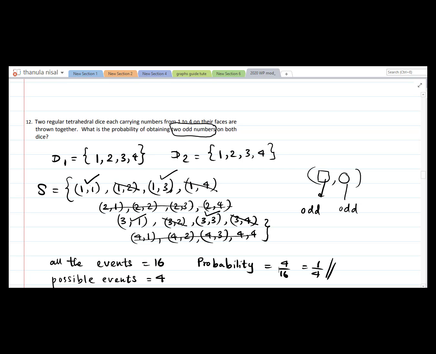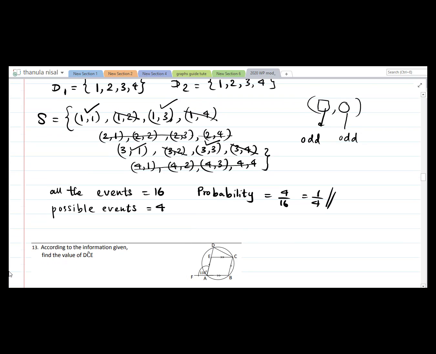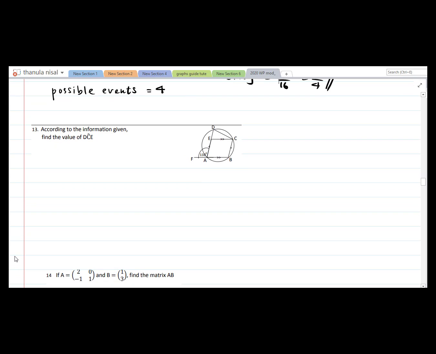Okay, let's move to question number 13. Again, a geometry question. Can you see A, B, C, D? It's a cyclic quadrilateral. Why? Its vertices are on the circumference of this circle. Again, you can see a parallelogram. First of all, I am going to find out this value.